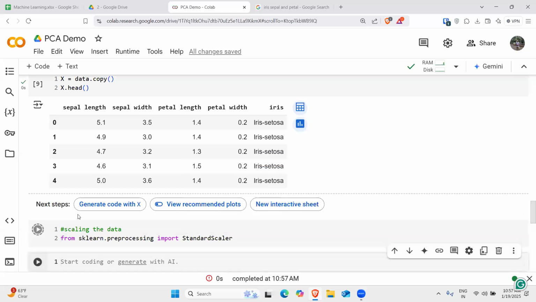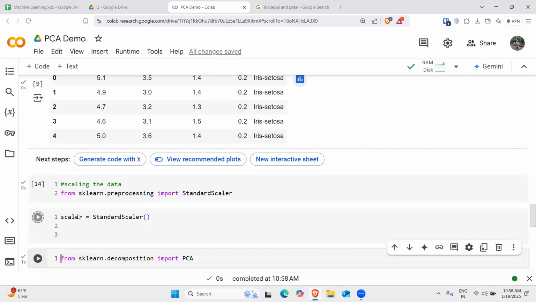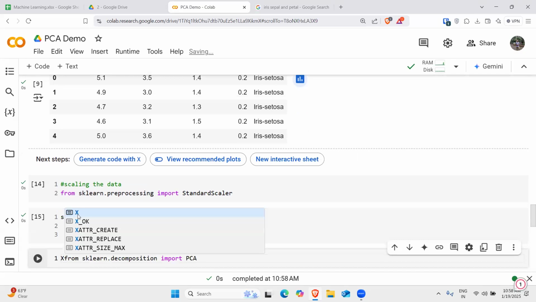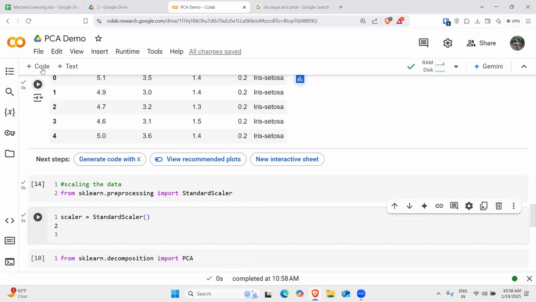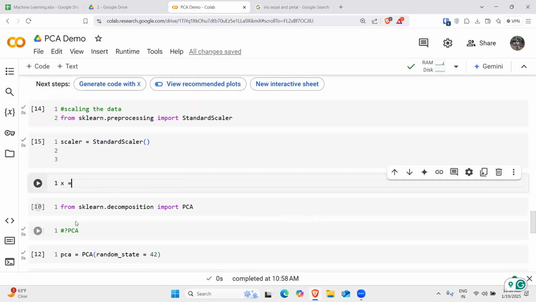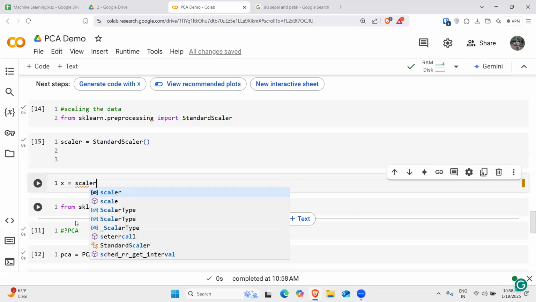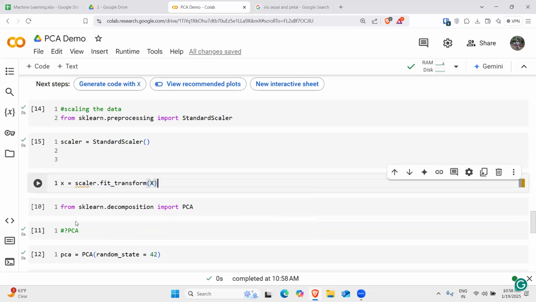And I'll create an object: scaler equals StandardScaler(). And small x equals scaler.fit_transform on capital X over there.